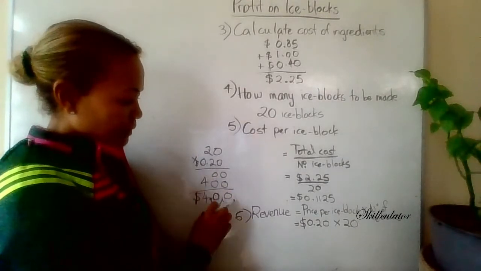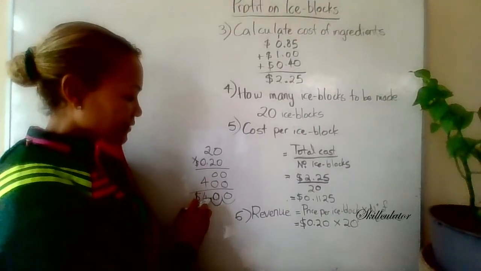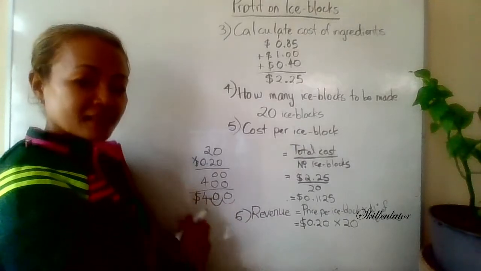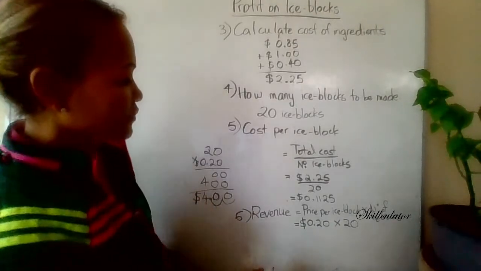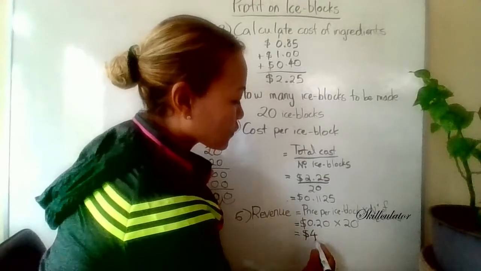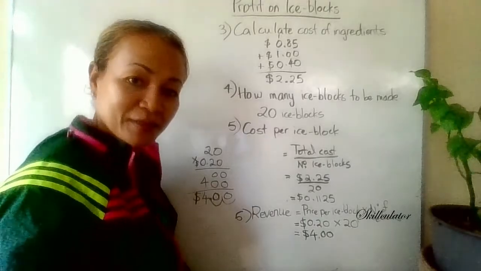You've counted 2 decimal places, so move the decimal point again to the left 2 spots, you'll get $4.00. So the total revenue you can put down here is $4. Doesn't sound like much, huh?